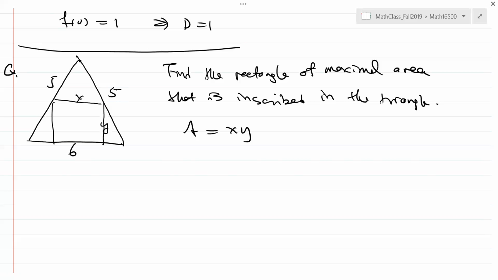You have to draw additional lines in order to figure out the relationship between x and y. I'll give you one more minute to find the relationship between x and y.